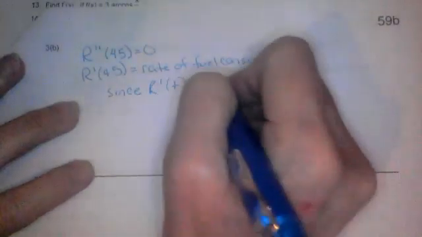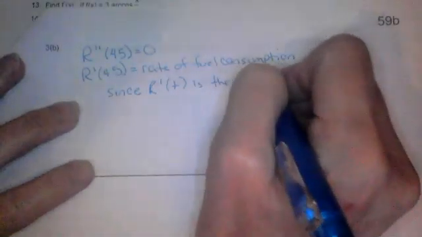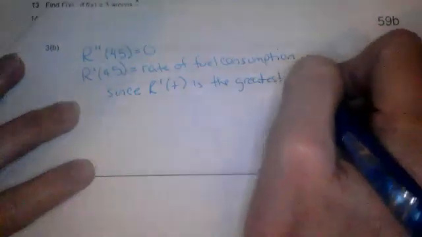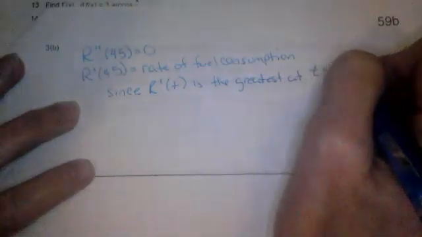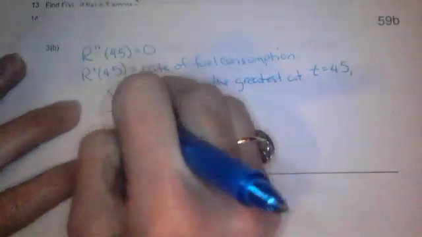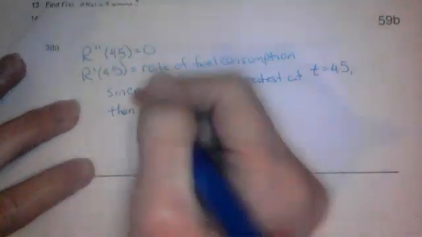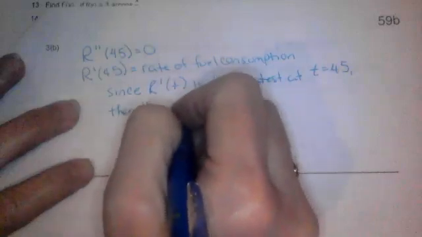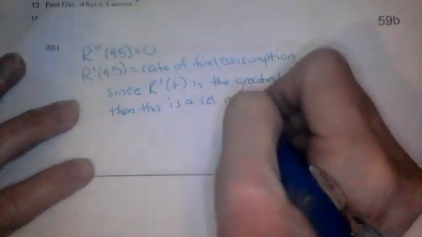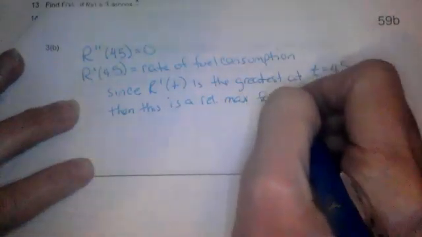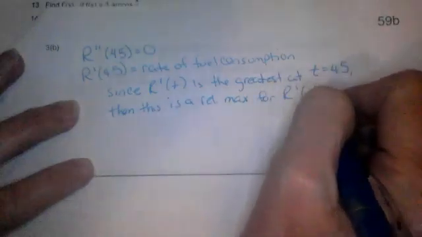And since r prime of t is the greatest, or the highest, at t equals 45, then this is a relative or local max for r prime of t.